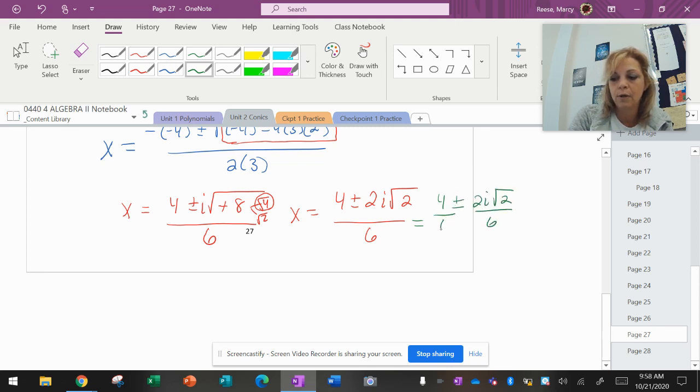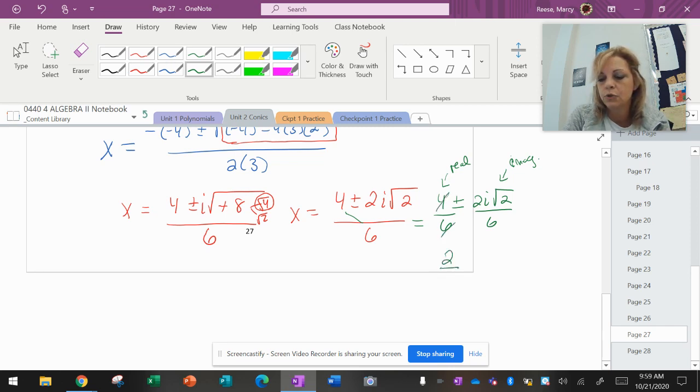I want you to separate the dividing by 6. It must be separated so that you've got your real number and here is your imaginary. Okay? And then we're going to simplify from there.